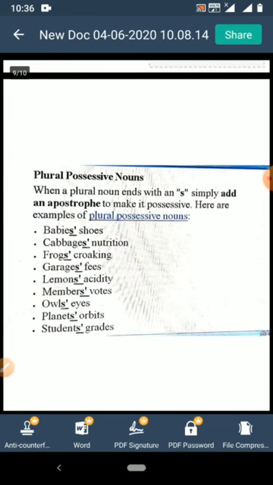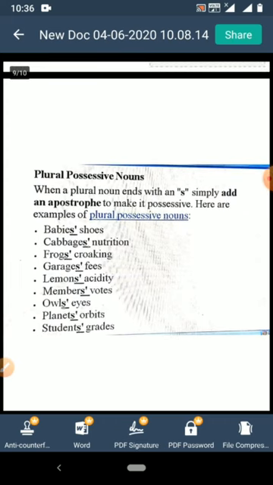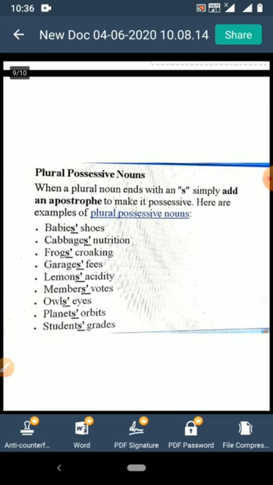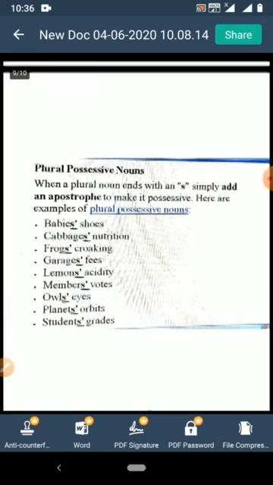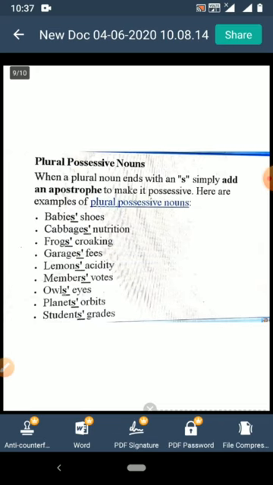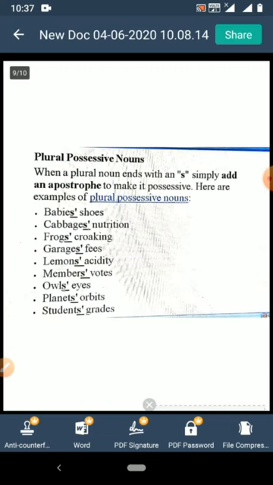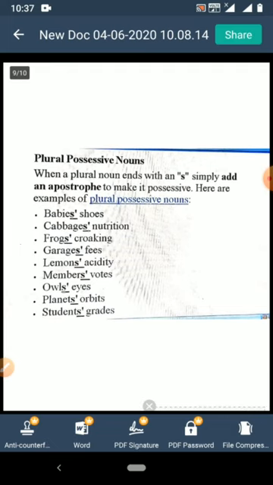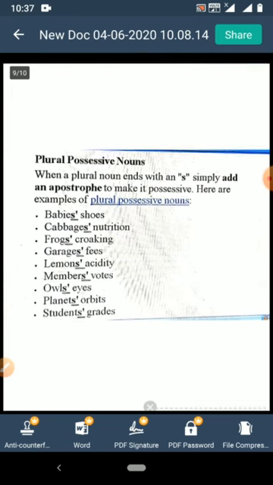Frogs again is a plural word ending with S, so the apostrophe will come after S. Remember, wherever the word is plural or has the letter S at the end, the apostrophe will come after the S. Garages' feast. Garages, again a plural word ending with S, will have the apostrophe after the S. Lemons' acidity. Lemons again is a plural word ending with S. So remember that you have to put the apostrophe after S.